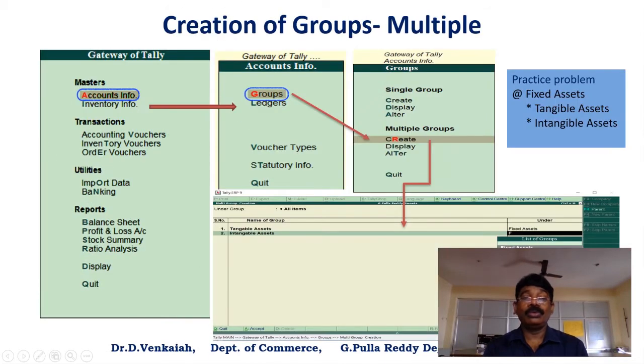Okay. So groups can be created in 2 ways. If only one group we have to create, just go for single mode. If more than one you have to create at a time, then you have to go for multiple create.